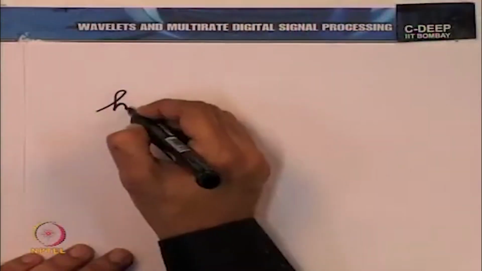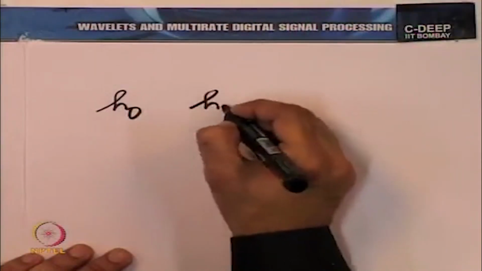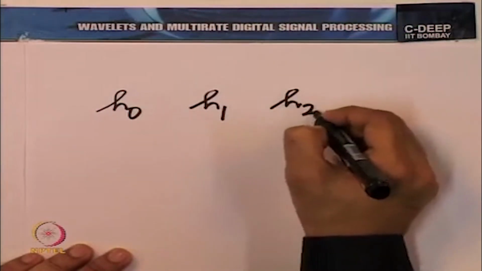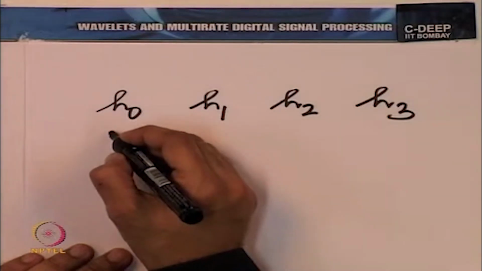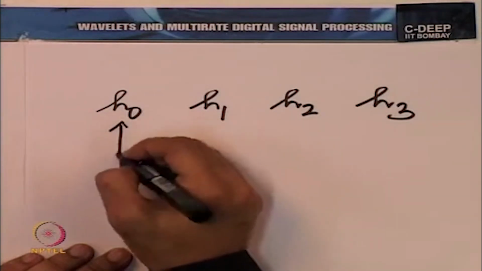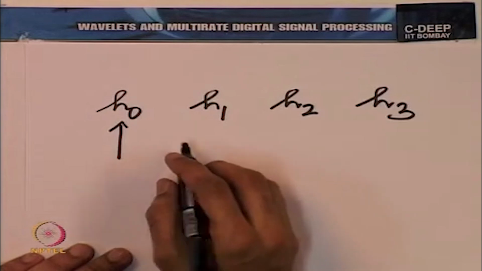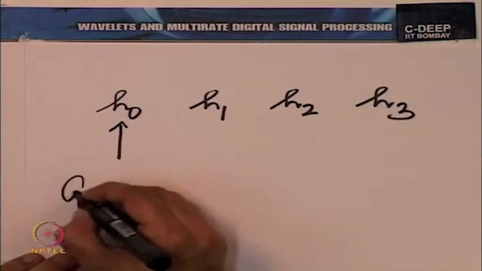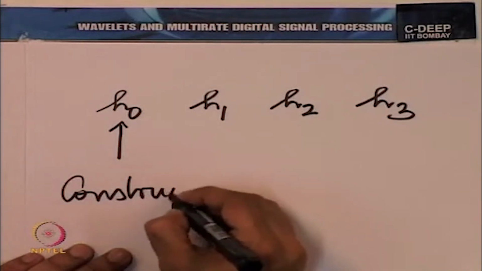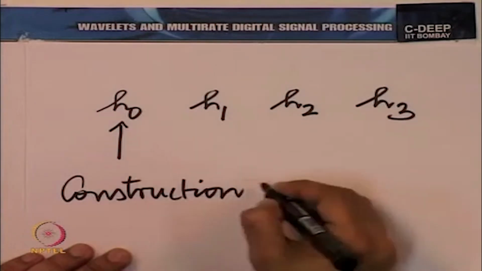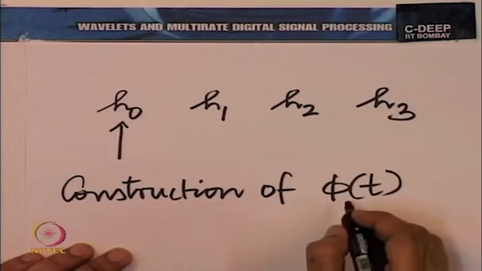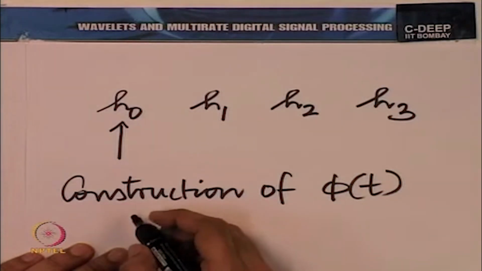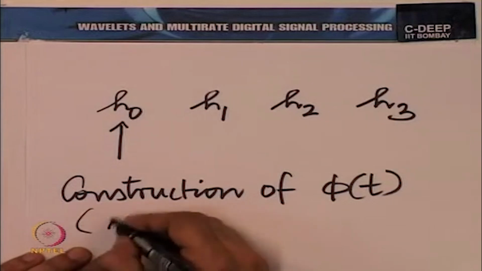So, you would start essentially by putting H 0, H 1, H 2, H 3 like this. Then, now remember what we are doing here is to construct phi t, the scaling function or the so called father wavelet.